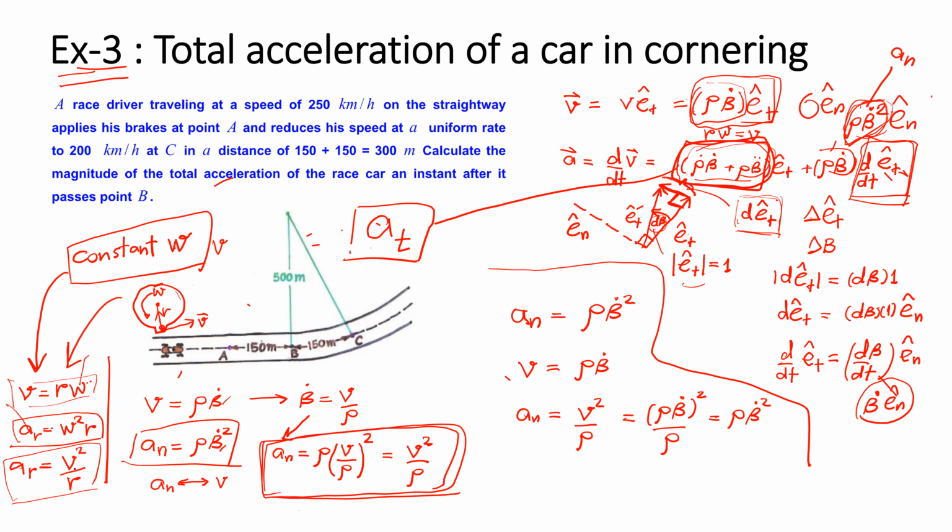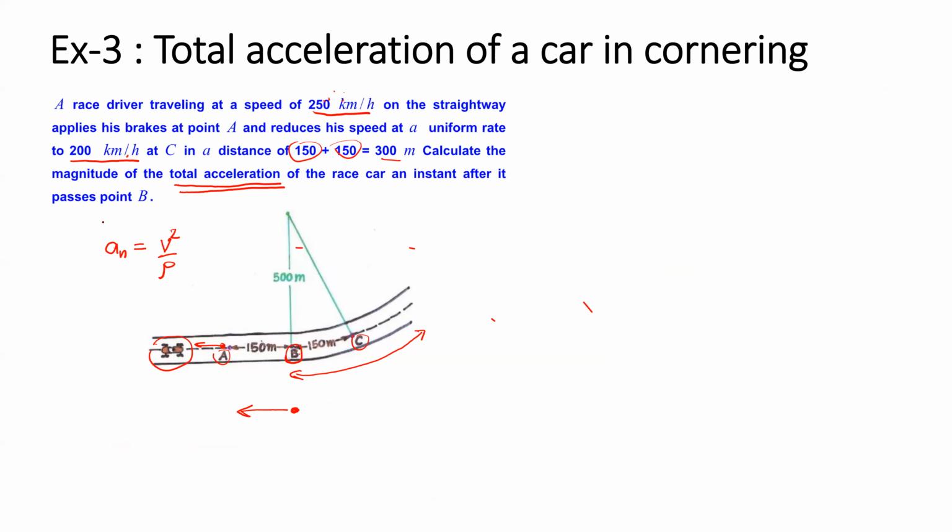But for the nt coordinate, for the normal direction, we have the same relationship, but we add the more complex case, when we change the speed in the tangential direction also. So now the normal acceleration is the v square divided by the radius of curvature.